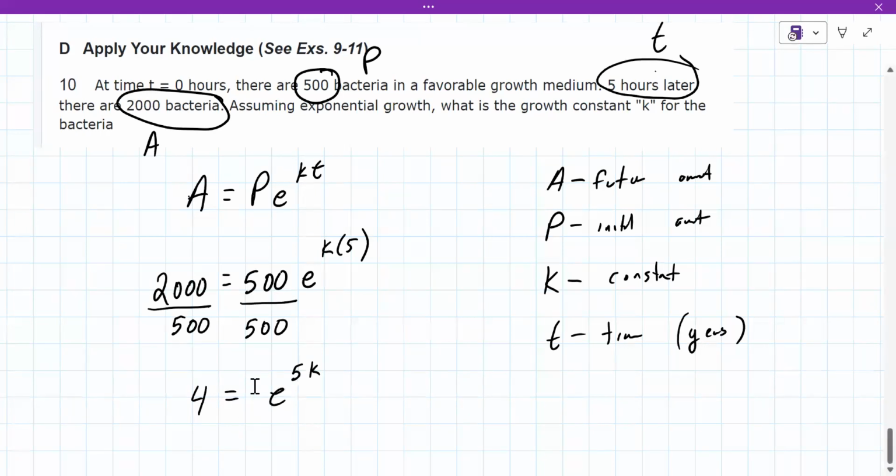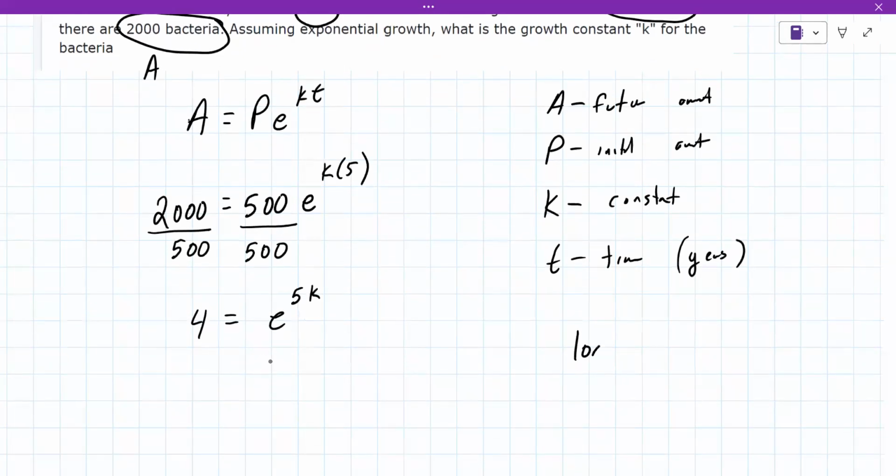Now, in previous problems, we were using log to solve. In this problem, we're using ln. ln is really log base e, which I don't know if it was covered in there. It doesn't really matter. There is this distinction though between log and ln. Typically we use ln most of the time.